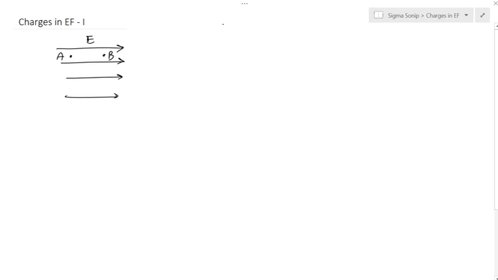So if I have a proton which is positively charged and it moves from point A to point B, what will happen to its velocity? What will happen to its velocity when it moves from A to B?